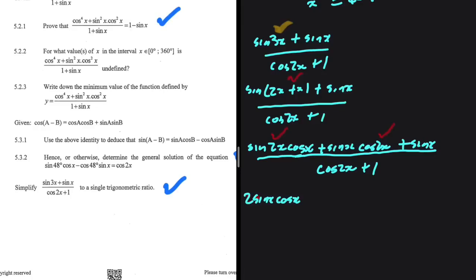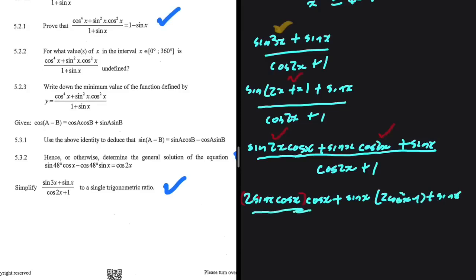So that is sine of 2x. We are still multiplying with cos x. So we have cos x right here. Plus sine of x. Now we're going to change cos 2x to 2 cos square x minus 1 plus sine of x. Everything divided by.